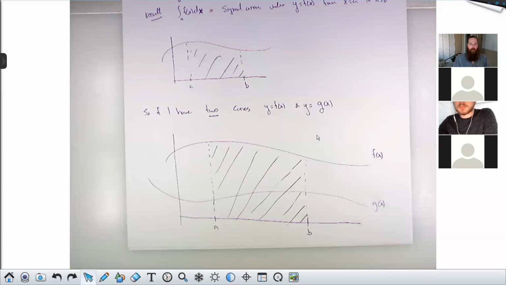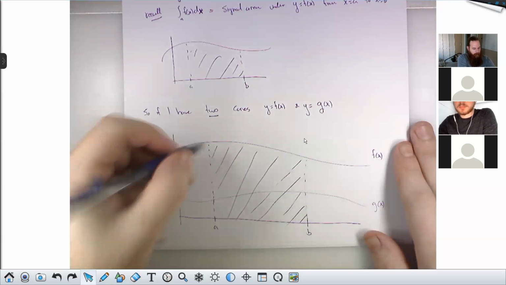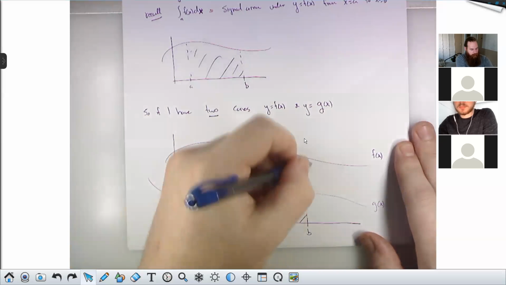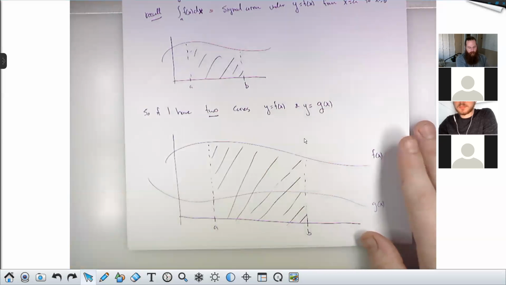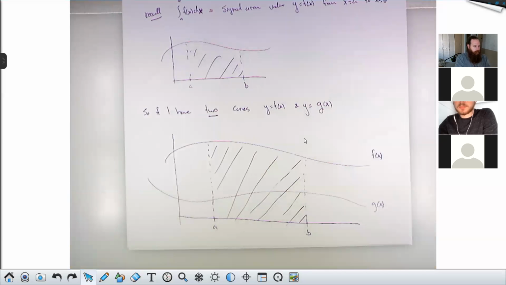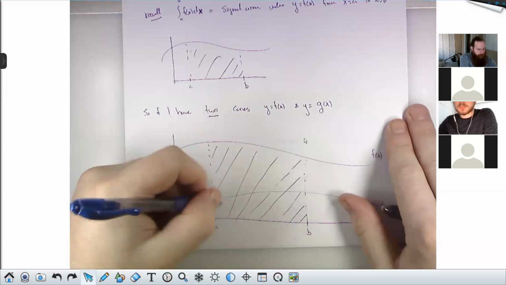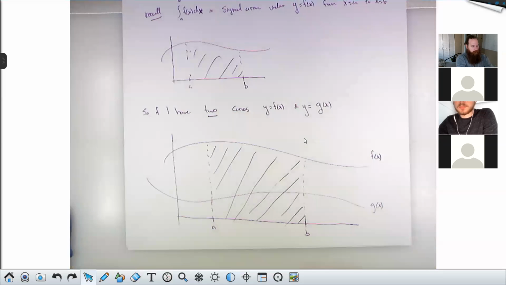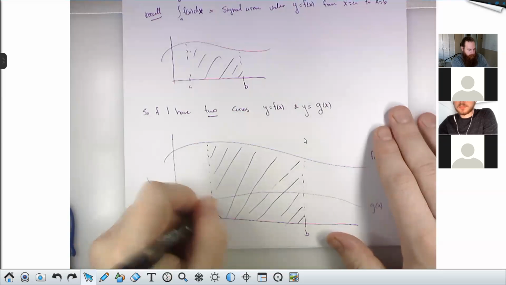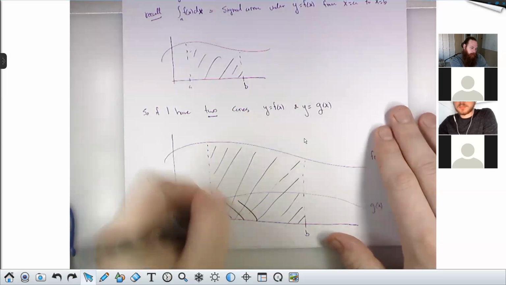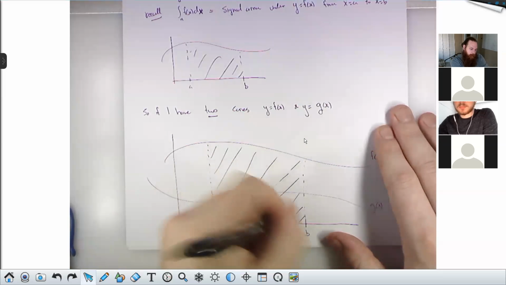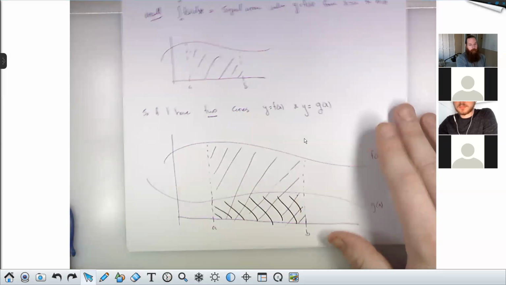And that's actually a good start because that includes the area I want. So to get the area I want, I then just need to throw away the stuff on the bottom here. If I start with the integral of f, and then I throw away all this stuff down here, I'll be left with what I want.